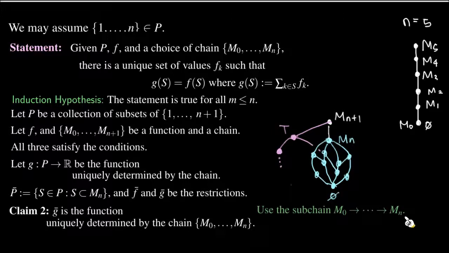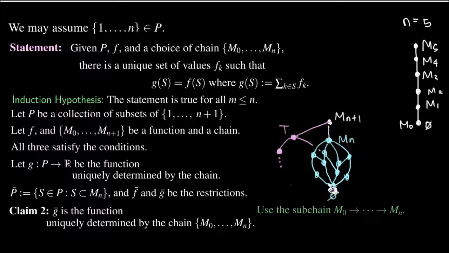If you think about how G is defined, it works its way up from an empty set, throwing in one element there and one element there. So G is constructed by looking at this entire chain, and G bar is just looking at that much of the shorter chain.